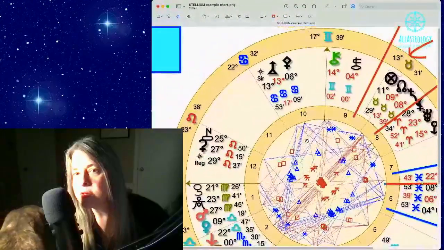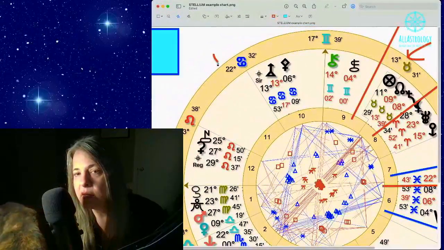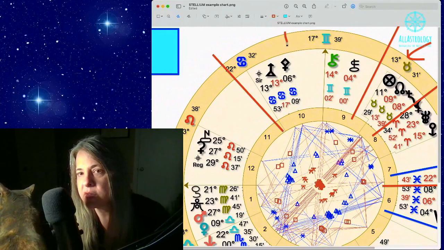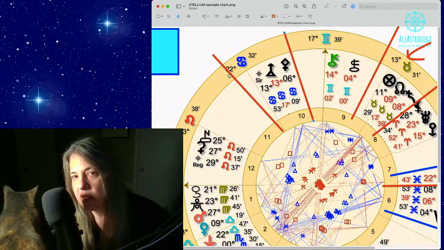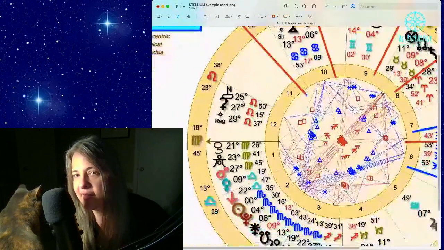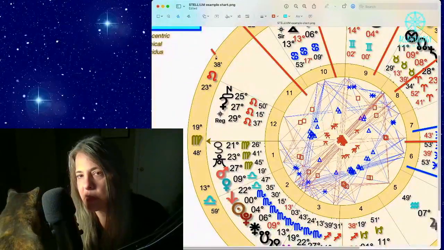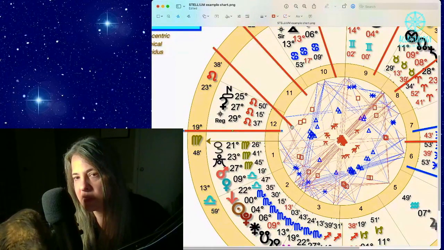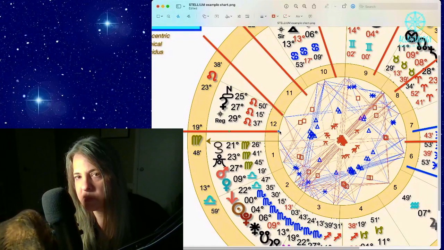And let's see where the other stelliums are. Another stellium in the sign of Cancer. And it includes a house cuspline. This person's got lots of stelliums. No wonder they asked the question. They said, can you go and do a video, or can you talk about stelliums, please?